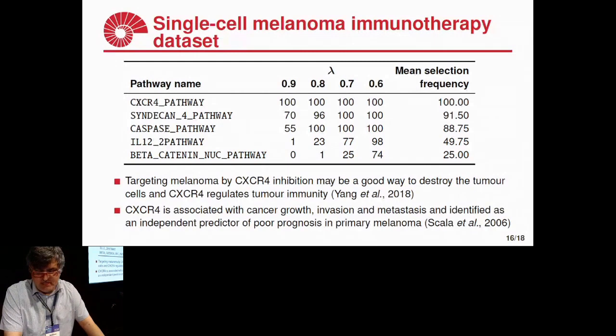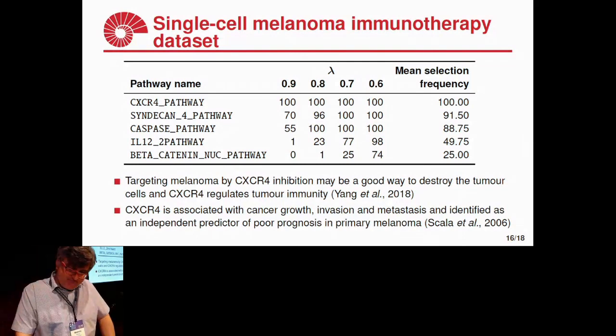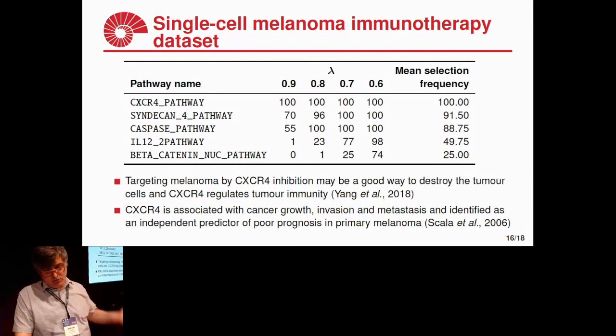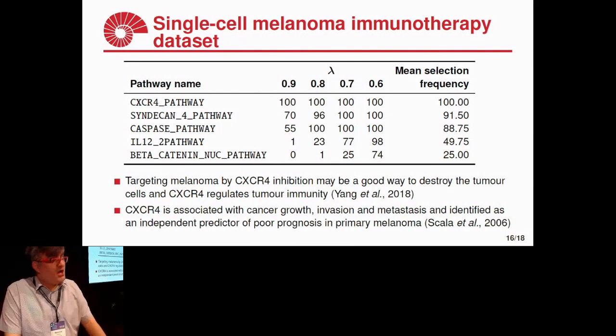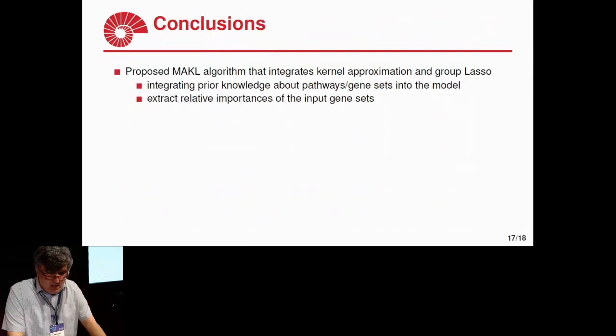There are also some ongoing clinical trials for this particular pathway. And there are 2 other pathways selected with almost 90% frequency. So as you can see, in addition to predictive accuracy, we can also extract relevant information from the pathway selection frequencies.